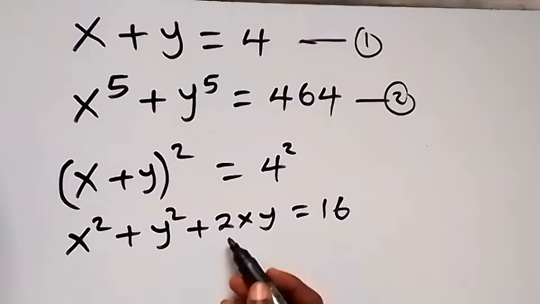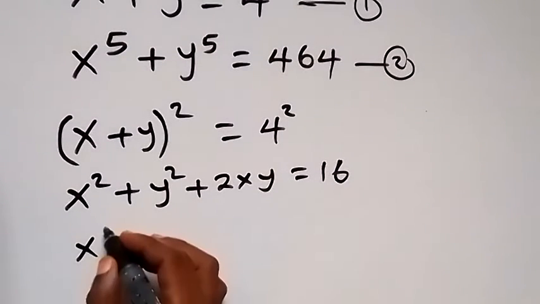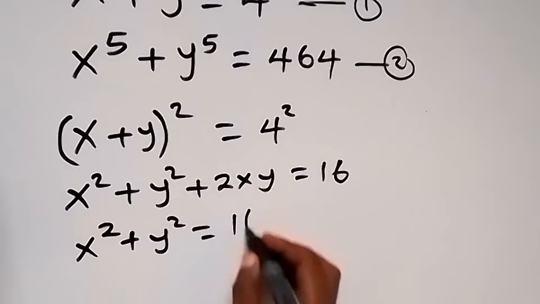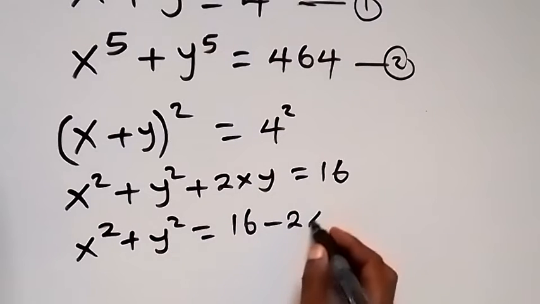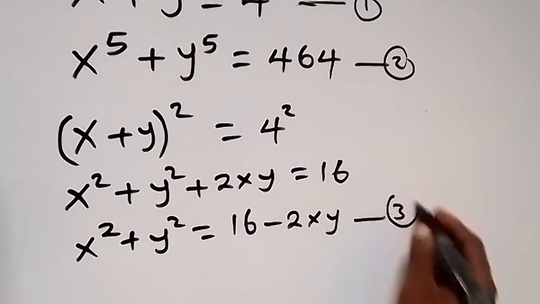Then we can separate 2xy to that side, so we have x squared plus y squared equals 16 minus 2xy. Let's label this as equation 3.